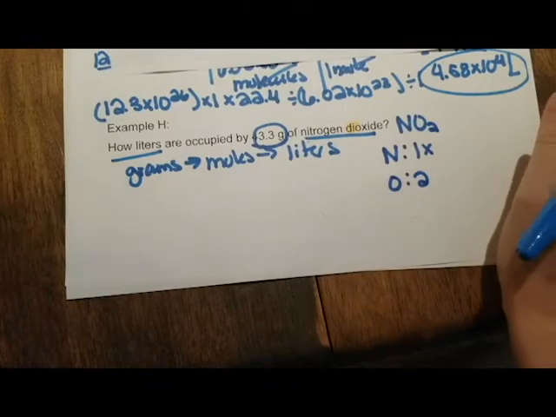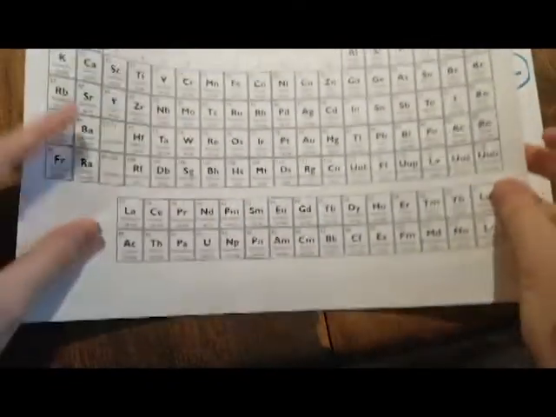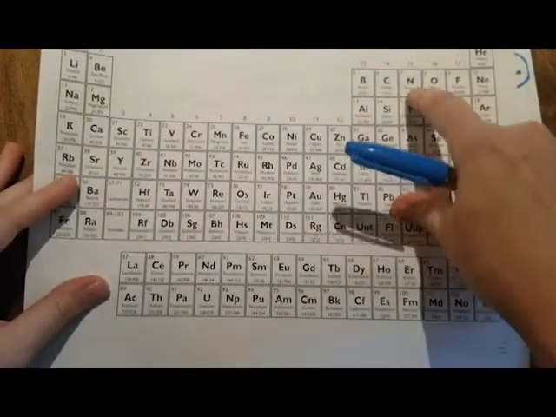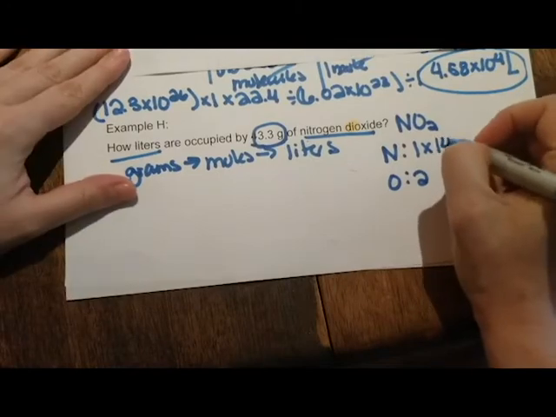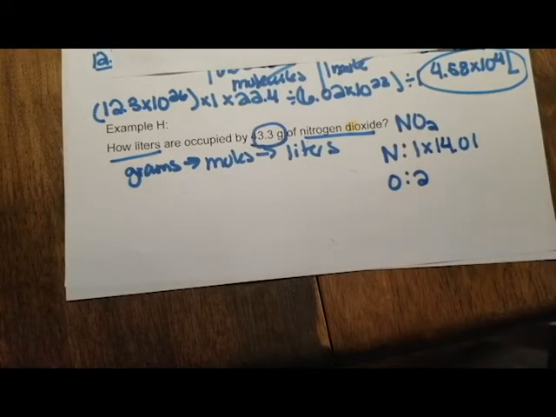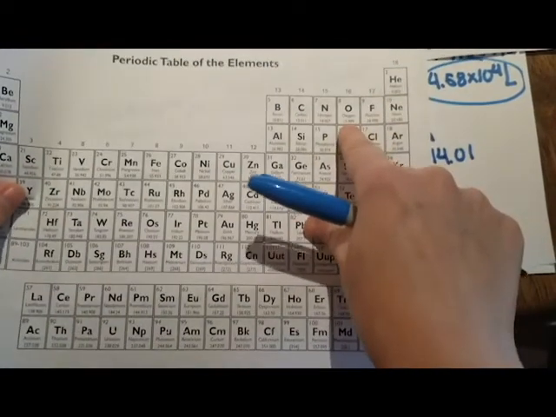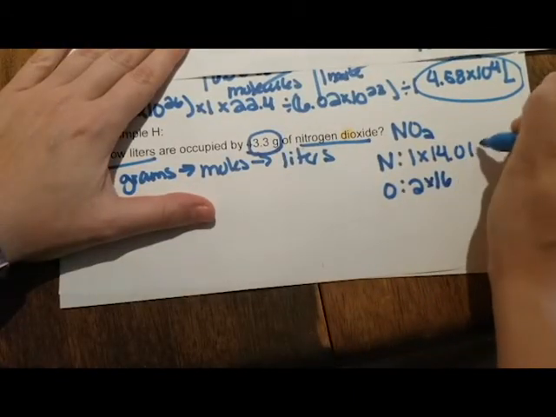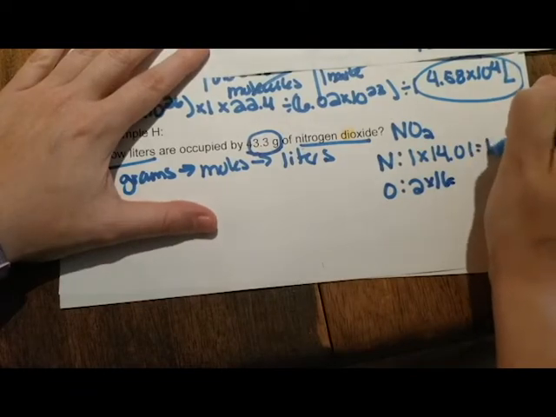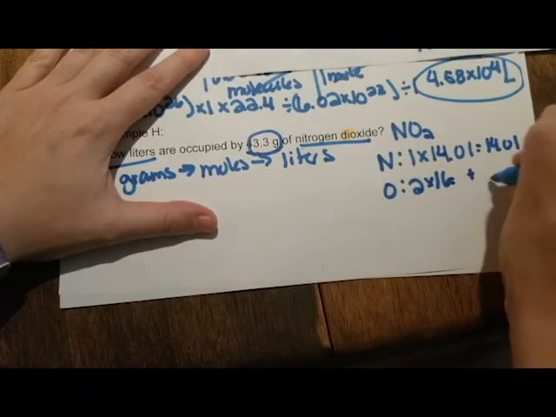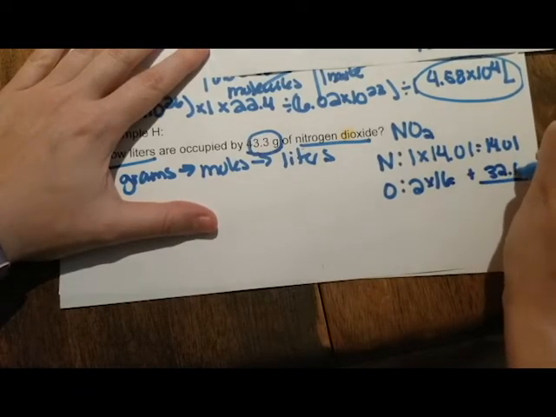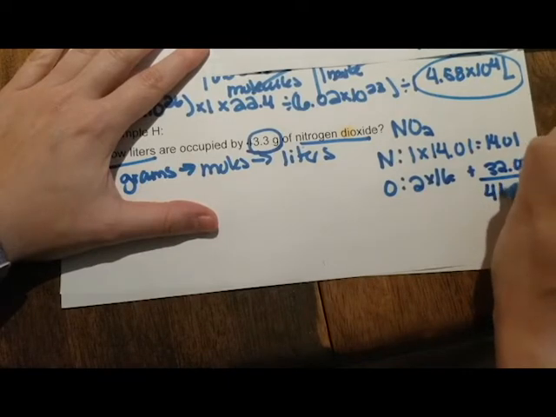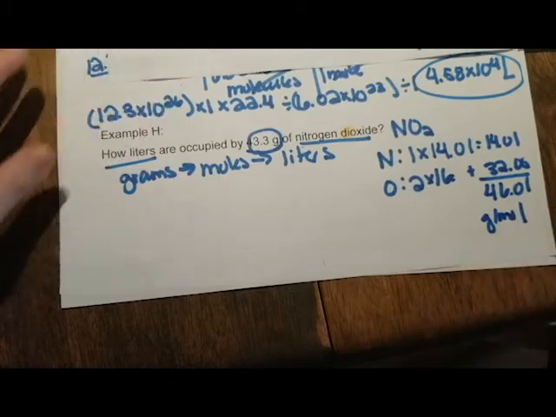Nitrogen's atomic mass off of the periodic table is 14.01, and again oxygen is going to be that 15.999 that rounds up to 16. So I get 14.01 plus 32, and that gives me 46.01 grams per mole as that molar mass.